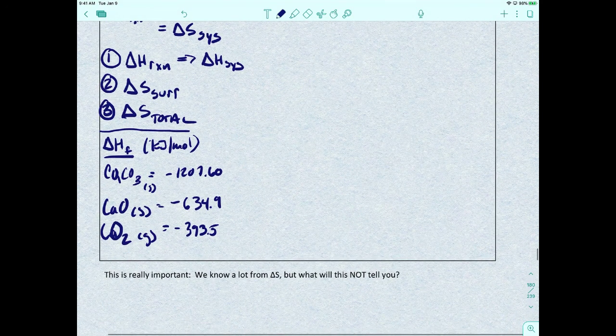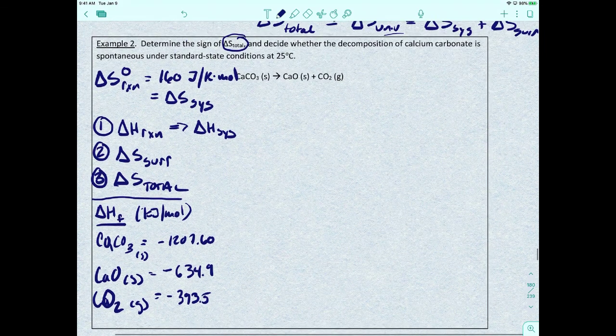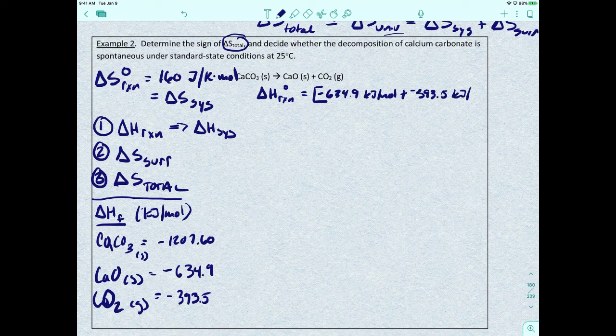Okay. So with those values, let's calculate the enthalpy of the reaction using those formations. That's going to be the products minus the reactants. So you've got negative 634.9 kilojoules per mole for calcium oxide, plus negative 393.5 kilojoules per mole for CO2, minus a negative 1207.6 kilojoules per mole.